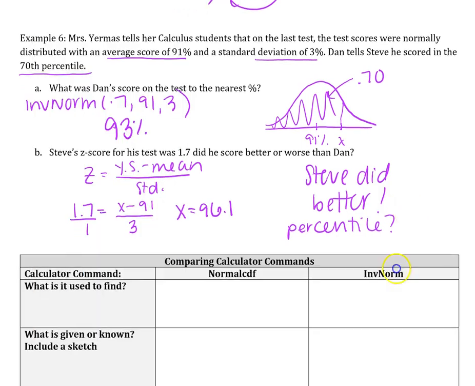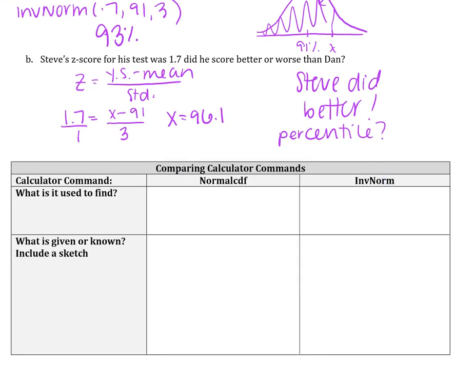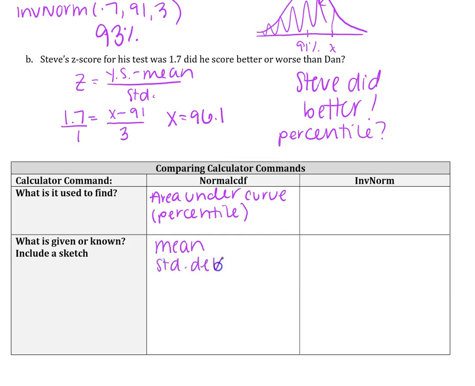Okay, so the big idea here is to make sure you guys are paying attention to what calculator command you're doing when. So whenever you're doing normal CDF, it's being used to find the area under the curve. And that could be a percentile or any other probability. So typically when we are using normal CDF, we would know the mean, we would know the standard deviation, and we'd also know the data value or values that I'd want you to find.